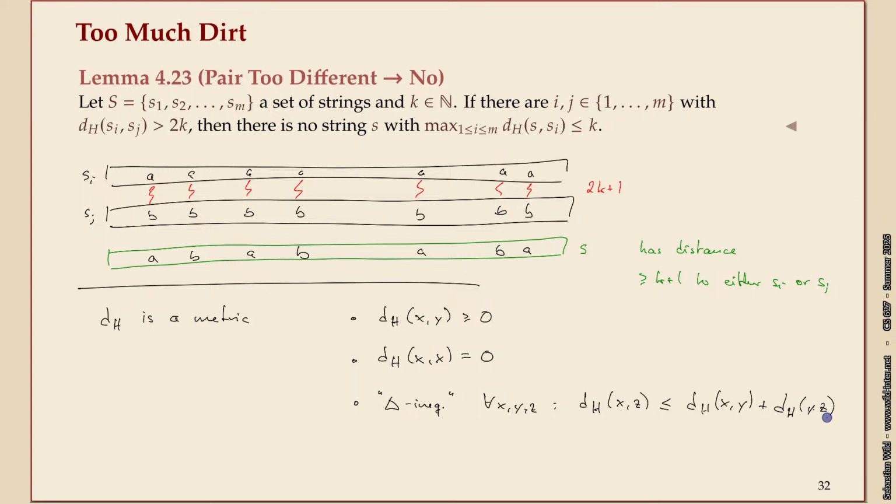And from my language, you can see how this is interpreted in terms of distances in, say, the Euclidean plane. If you take the distance between x and z, then taking the detour via y will never be shorter. And you cannot shortcut something by going a detour.